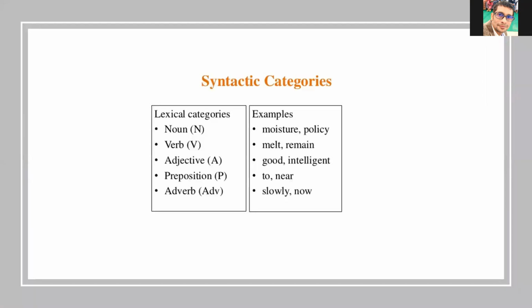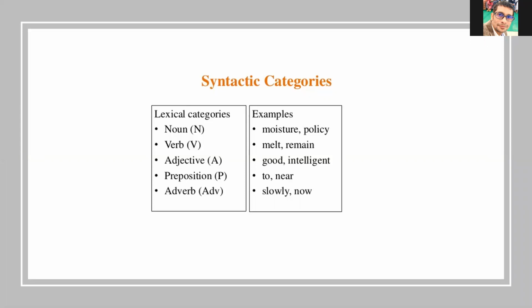So there are two categories for this. The first category is syntactic categories, which are of two types. The first one is lexical categories, and the next one is non-lexical categories.